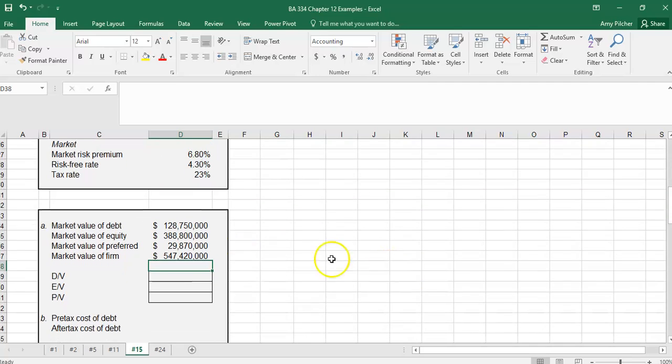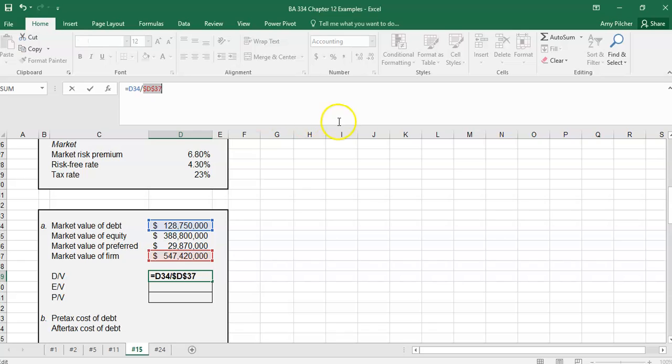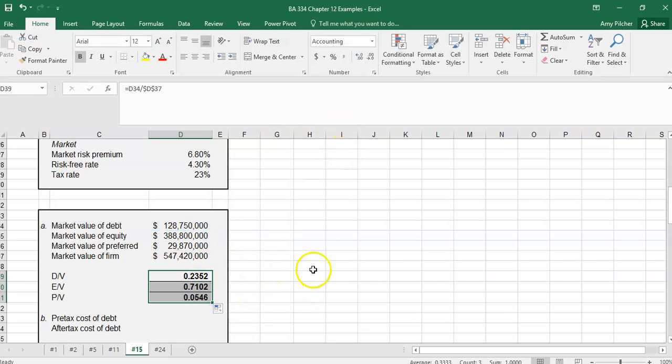So we have the total market value of our firm. Then we calculate the weights by taking the value of each item divided by the total value. And if we lack that total value cell, we can copy that formula. So we have the weights.